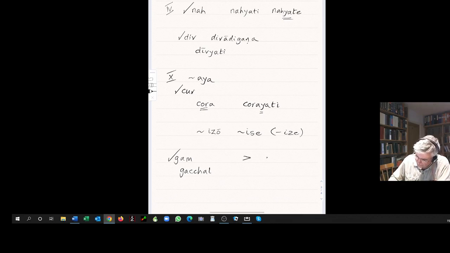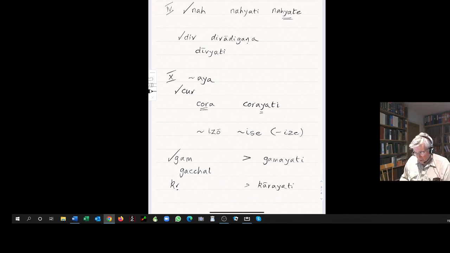The causative, gamayati, meaning to make somebody go. Sometimes you get a vriddhi. You get a kri, to do. You can make a causative with a vriddhi, kar, karayati, to cause somebody to do something, to make somebody do something.